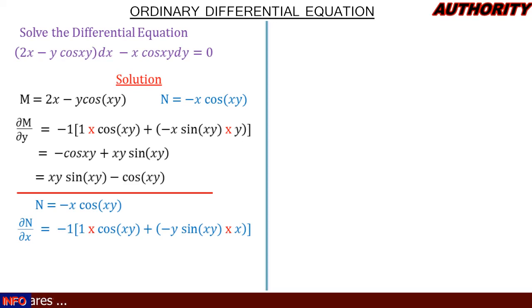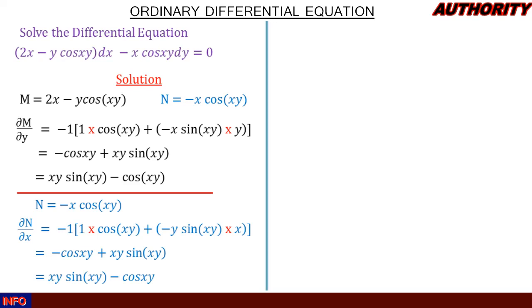That is, we are using minus 1 to open the bracket here. So here we're going to have minus cos xy. Then inside the bracket, we have minus xy sine xy. Then multiply by minus 1 outside is going to give us plus xy sine xy. So therefore, the derivative of n partially with respect to x is giving us xy sine xy minus cos xy.